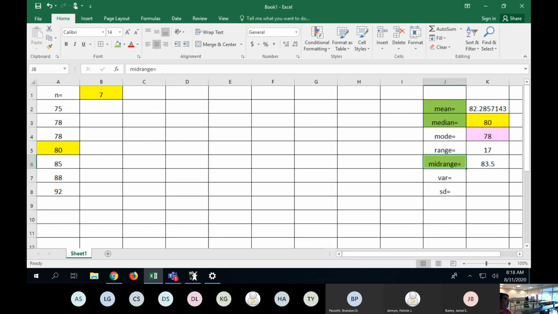Now, somebody tell me why I highlighted those 3 green. Anybody want to take a guess at it? They're important, but tell me why they're important. The mean, median, and mid-range. You need to write this down because this is important in your notes. Anybody from home?